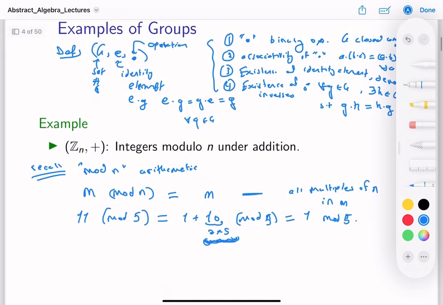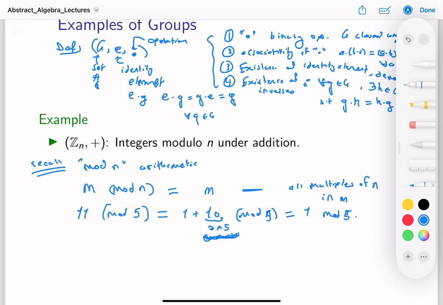So this is a quick reminder for you, and arithmetic operations modulo n are the same as the usual arithmetic operations over the integers, except that you reduce modulo n. So this is the definition of taking a number modulo n.